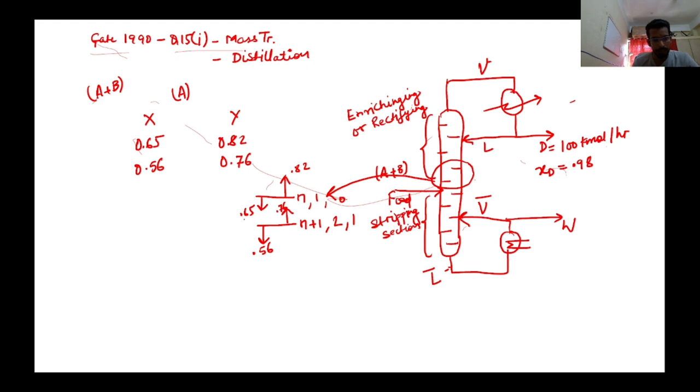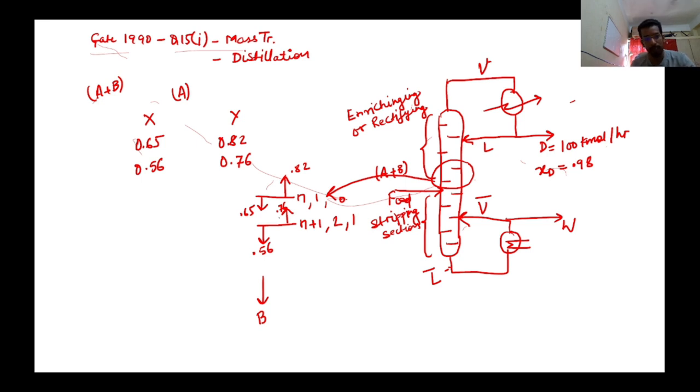See, 0.65, then the concentration reduces to 0.56 because at the end we will get B because it is heavier, and all the A will go up, but a little composition of A will go in the bottom products. That's why the composition is decreasing, because most of the A is going to the vapor phase.